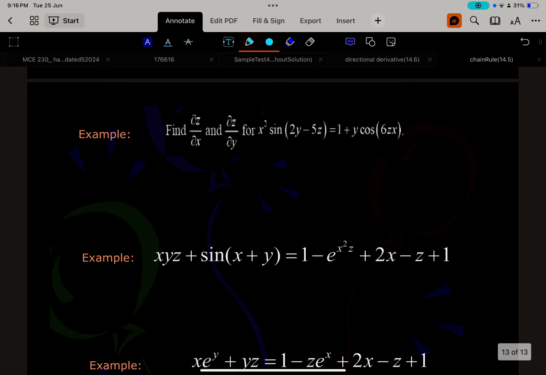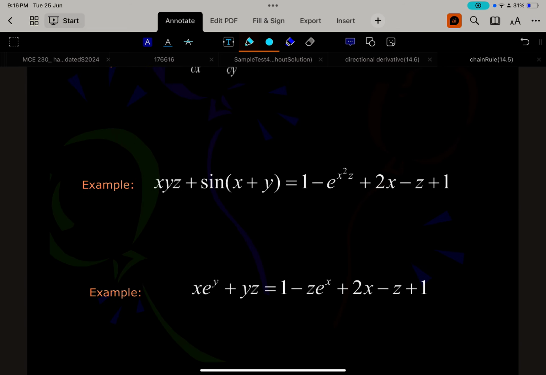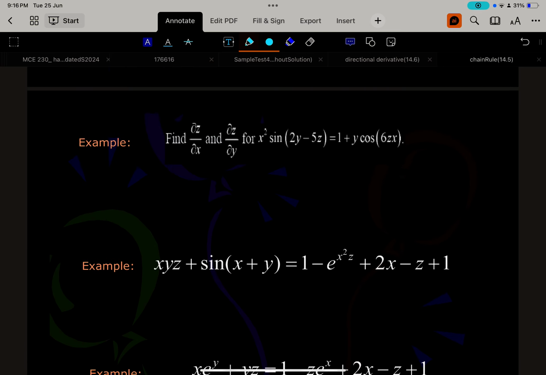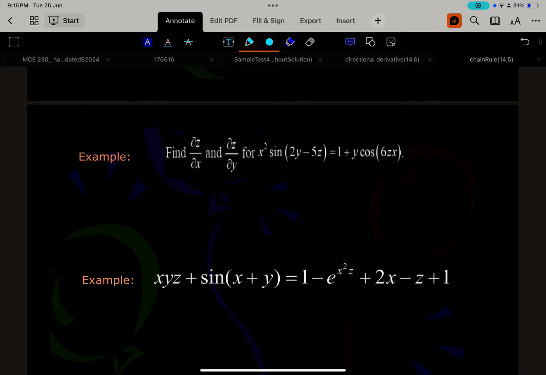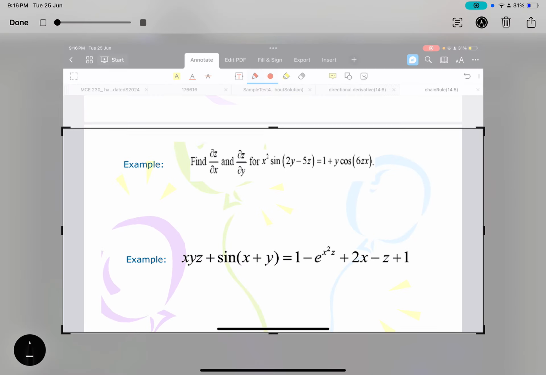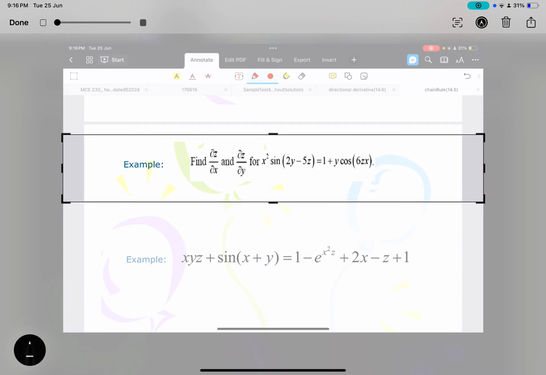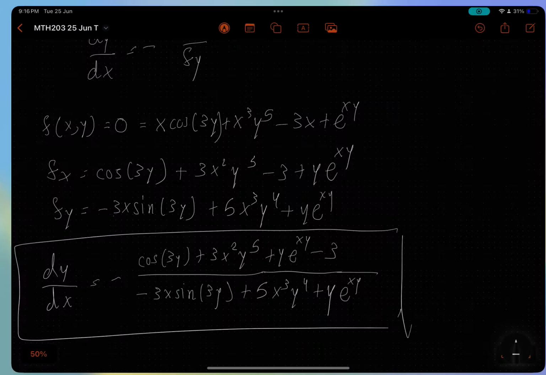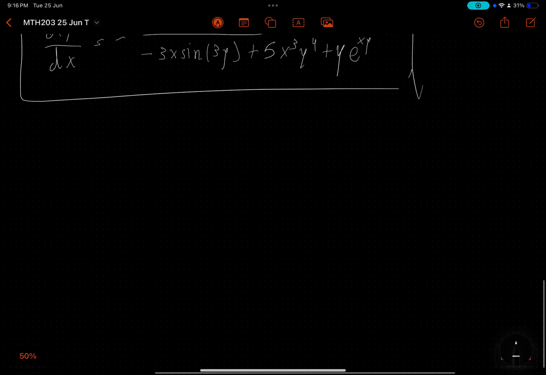Now, do you want to solve an example? We're going to solve it just to make sure we understand. Here's one example. This is our last example.